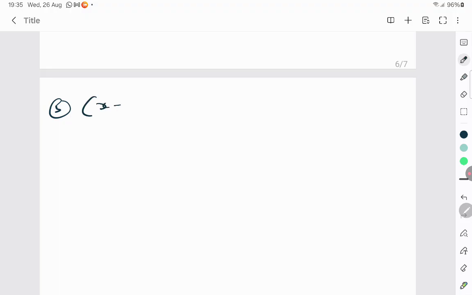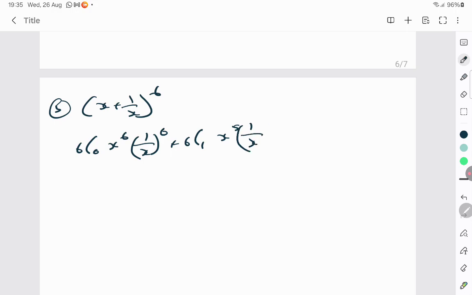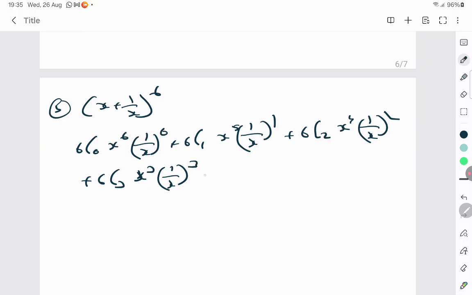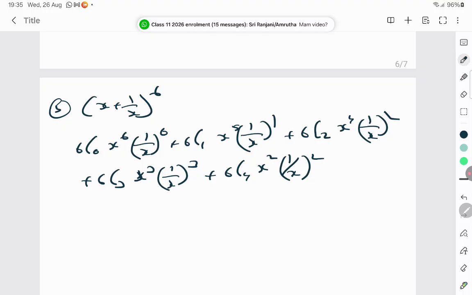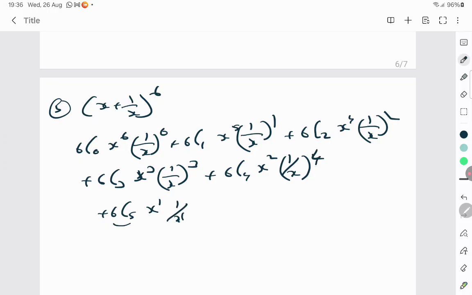Using binomial theorem, solve x plus 1 by x the whole to the power 6. So 6c0, x to the power 6, 1 by x the whole to the power 0, plus 6c1, x to the power 5, 1 by x the whole to the power 1, plus 6c2, x to the power 4, 1 by x the whole to the power 2, plus 6c3, x to the power 3, 1 by x the whole to the power 3, plus 6c4, x to the power 2, 1 by x the whole to the power 4, plus 6c5, x to the power 1, 1 by x the whole to the power 5. Sorry, I have to copy this there.